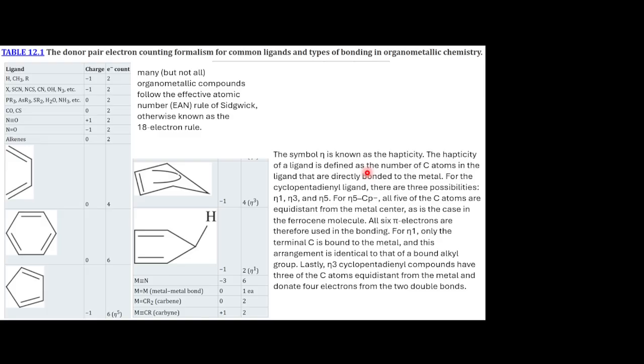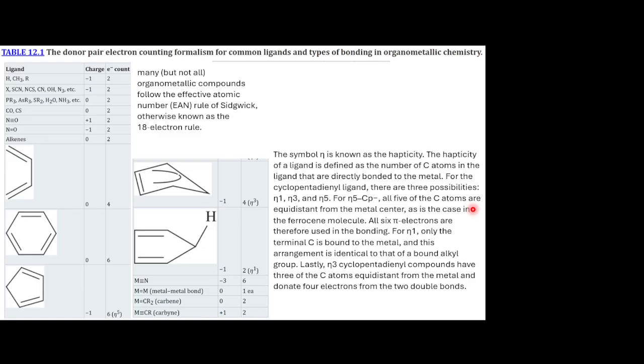And that's actually where the naming comes from: hapto, as in claw. And so it literally is claw attaching to. In that case, this is, for example, the ferrocene molecule. All 6 pi electrons would be used in that bonding.